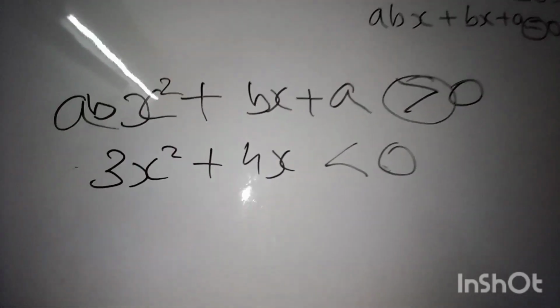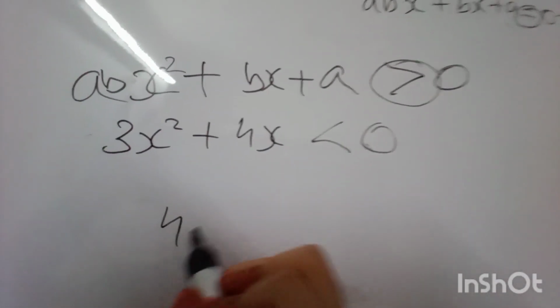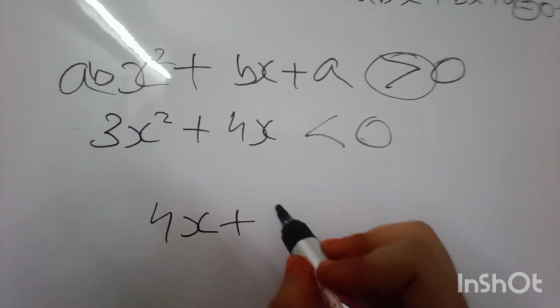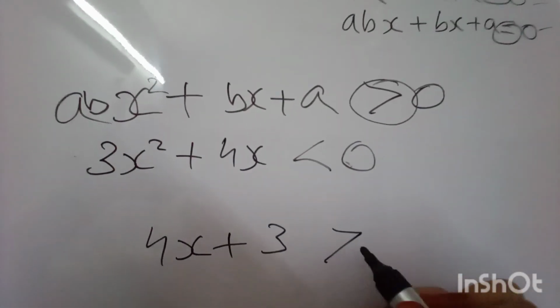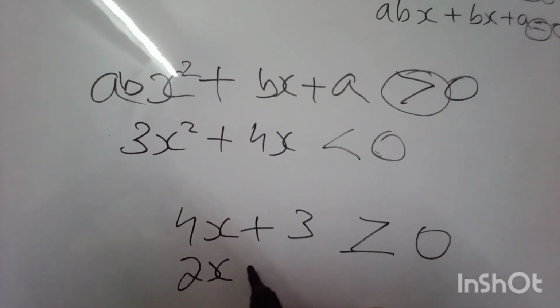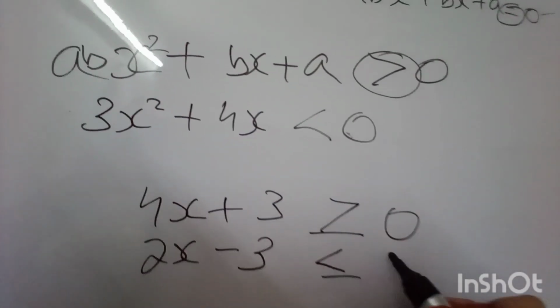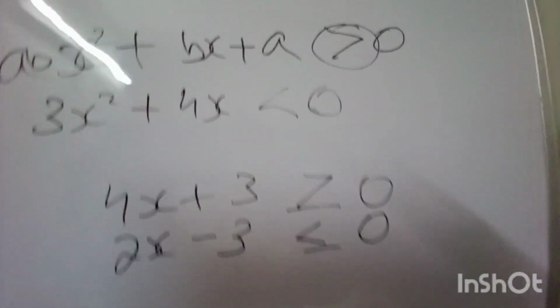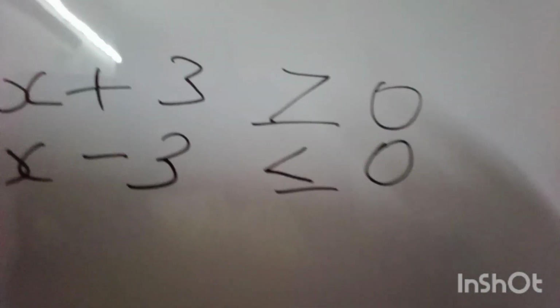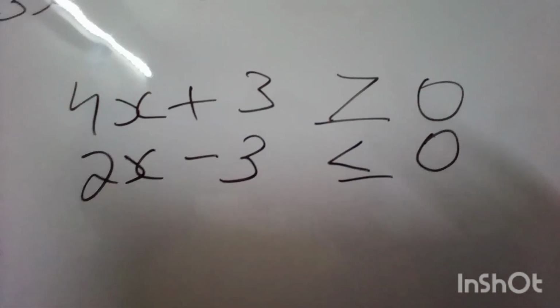Now what is a linear inequality? Let us see here. 4x plus 3 is greater than or equal to 0. 2x minus 3 is less than or equal to 0. So now these are called linear inequalities because they don't carry a square power.